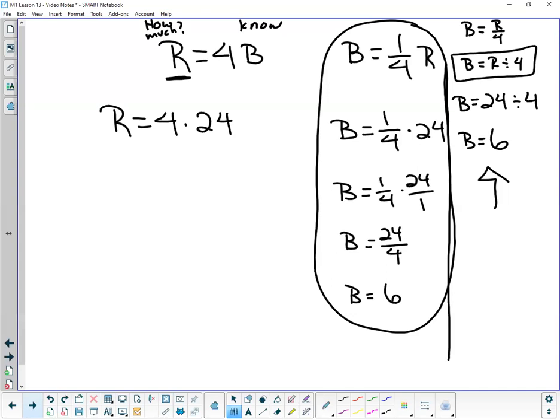In this case, they told us what it is. Wasn't that nice of them? They said, you have 24 gallons of blue paint. All right. Well, 4 times 24 is 96. So I would need 96 gallons of red paint. I know that's a lot.